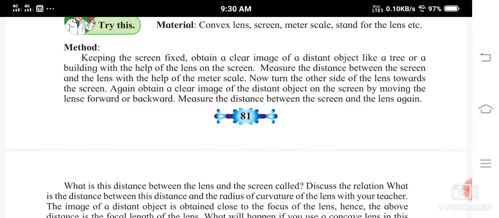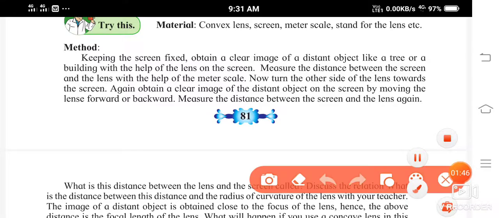Once you get a clear image on the screen, you measure the distance between the screen and the lens with the help of the meter scale. Now turn the other side of the lens towards the screen.